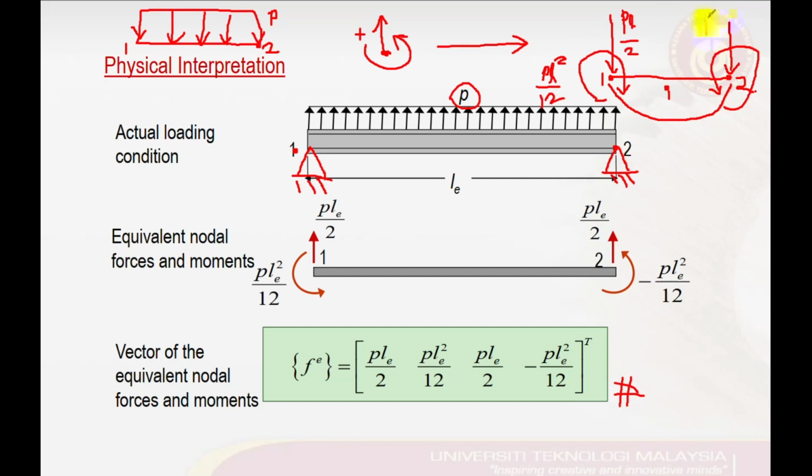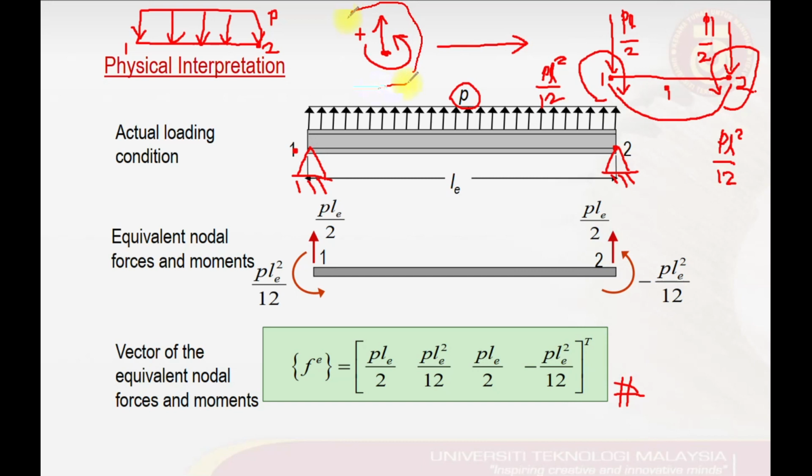Then we have PL over 2 for the point load, and PL square over 12 as well for the moment. This is the physical thing that is happening to our structure. And again here we have to match the equivalent force and moment that we generate with the positive sign conventions that we have here.